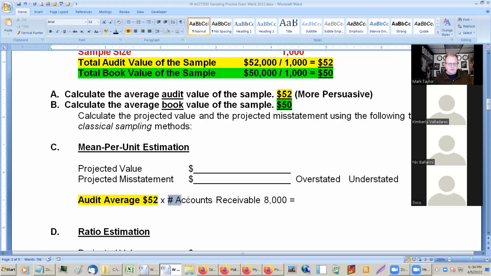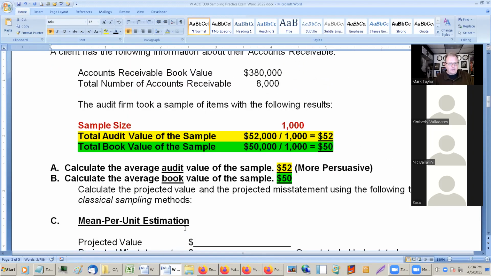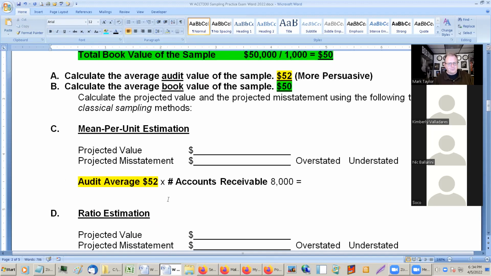This will be our projected value. So 52 times 8,000, 416,000. So this would be our projected value.